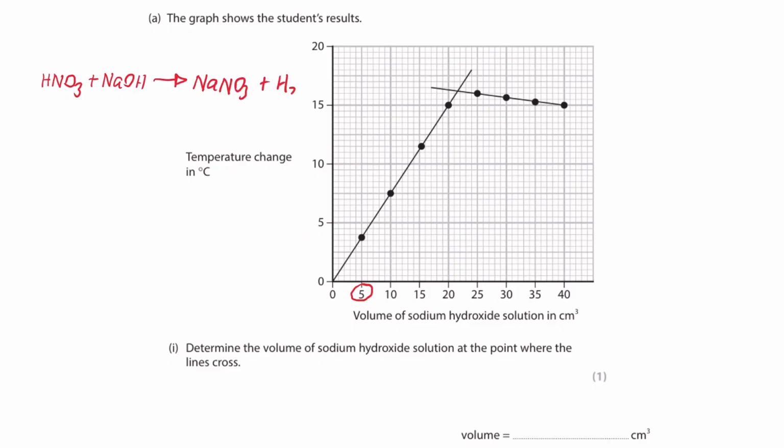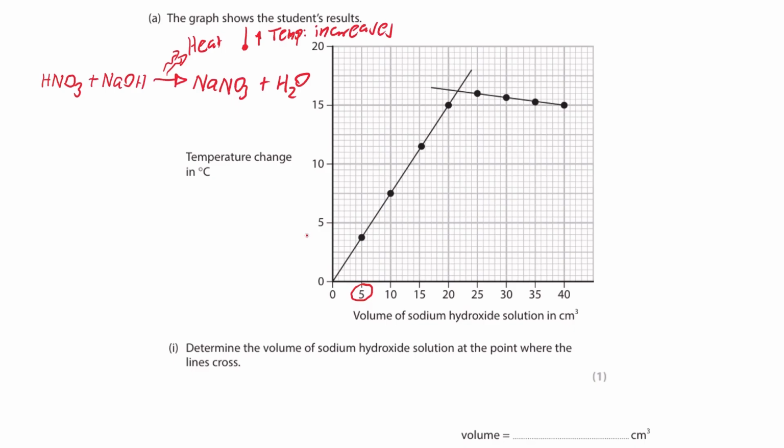When a reaction is exothermic, it gives out heat. When they give out heat, that heat will raise the temperature. So the temperature increases.